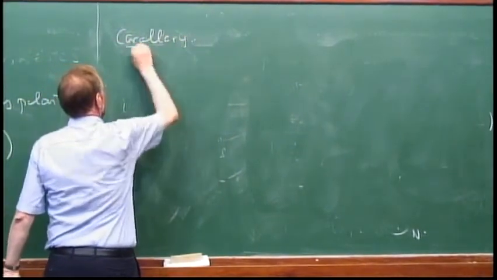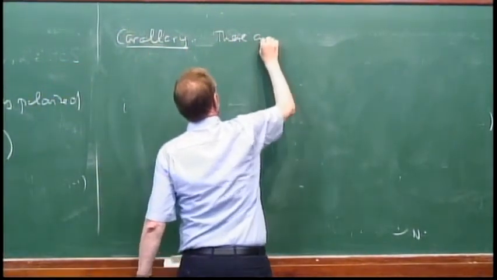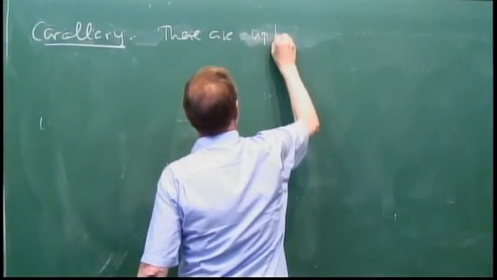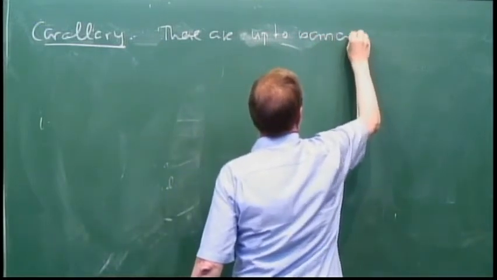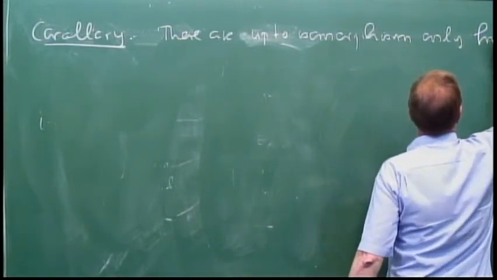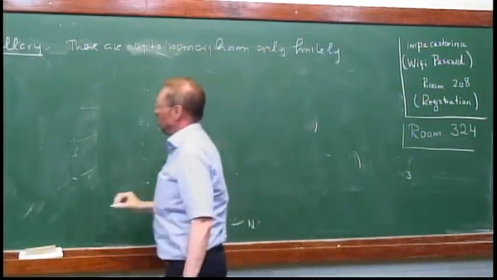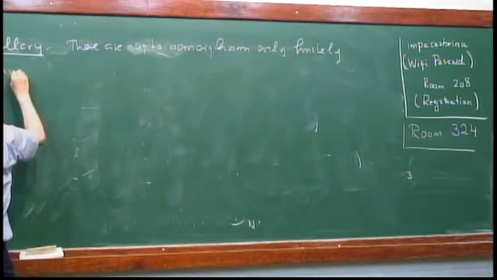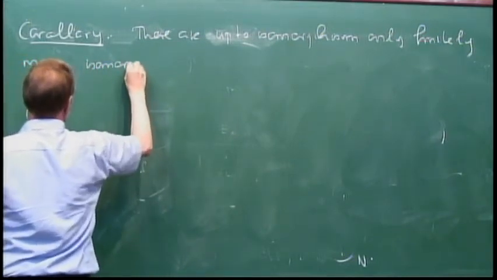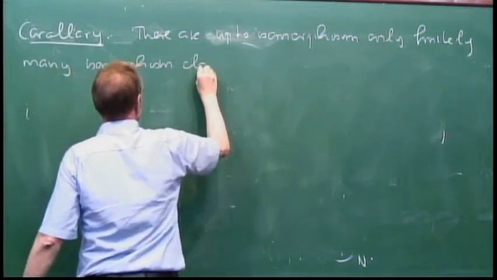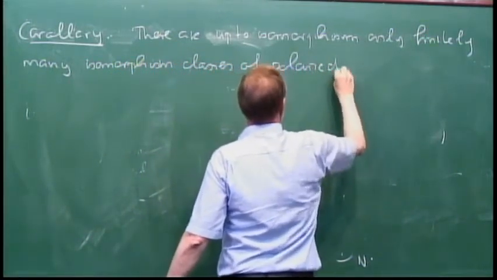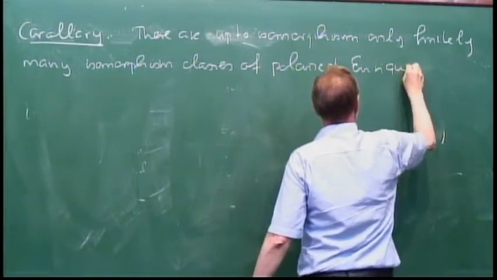Now there is the following corollary. There are, up to isomorphism, only finitely many isomorphism classes of polarized Enriques surfaces.